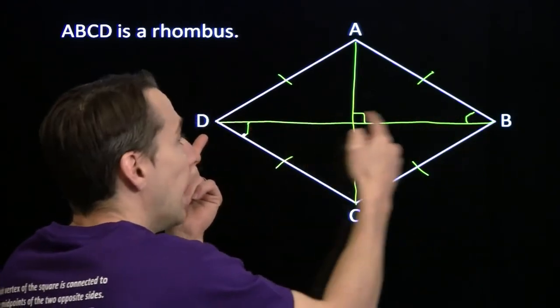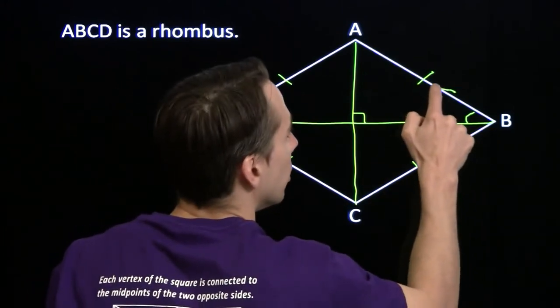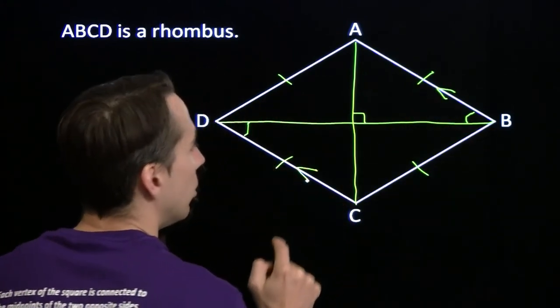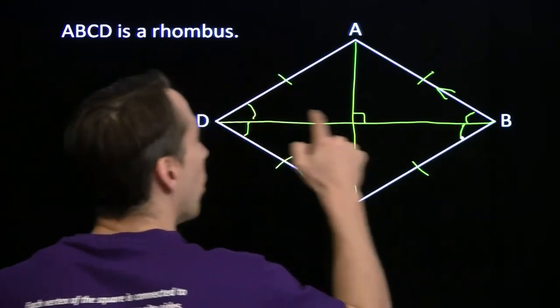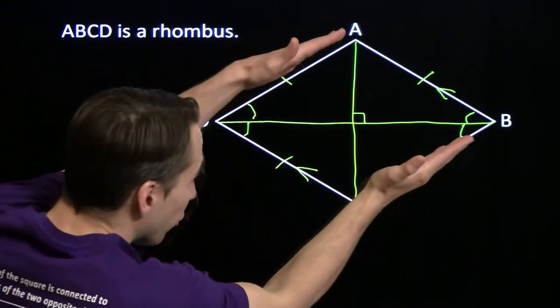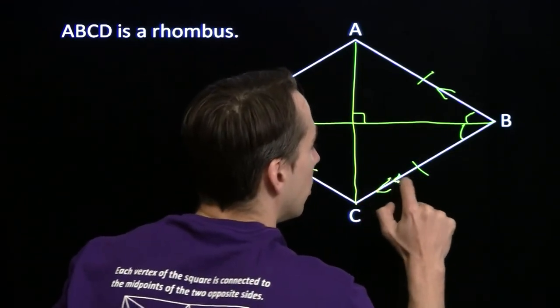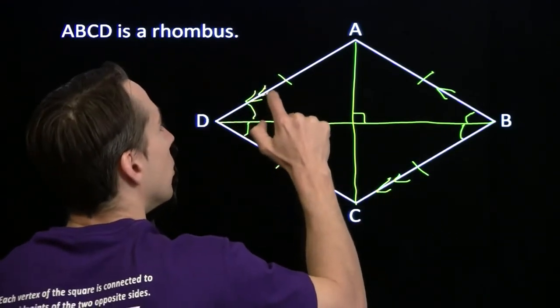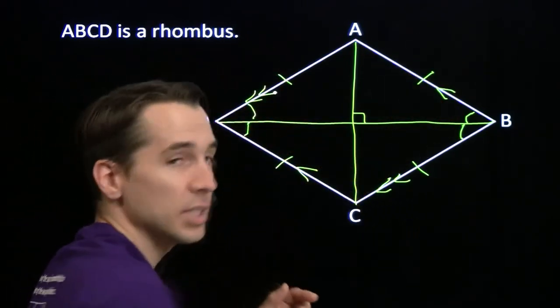Because these two angles are equal, these two sides are parallel. And in the same way, these two angles are also equal. That tells us these two sides are parallel. These two opposite sides are parallel. These two opposite sides are parallel.